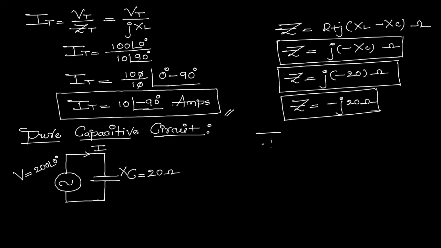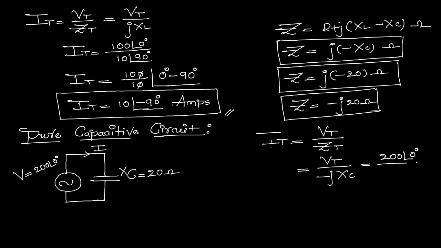Now find the value of current with the help of Z, that is IT is equal to VT divided by ZT. Here VT divided by ZT. ZT means what? ZT means only we are having capacitance, means minus jXC, that is equal to VT is how much now? VT is 200 having angle of 0 degree divided by here minus j means minus 90 degrees, XC is how much? 20.